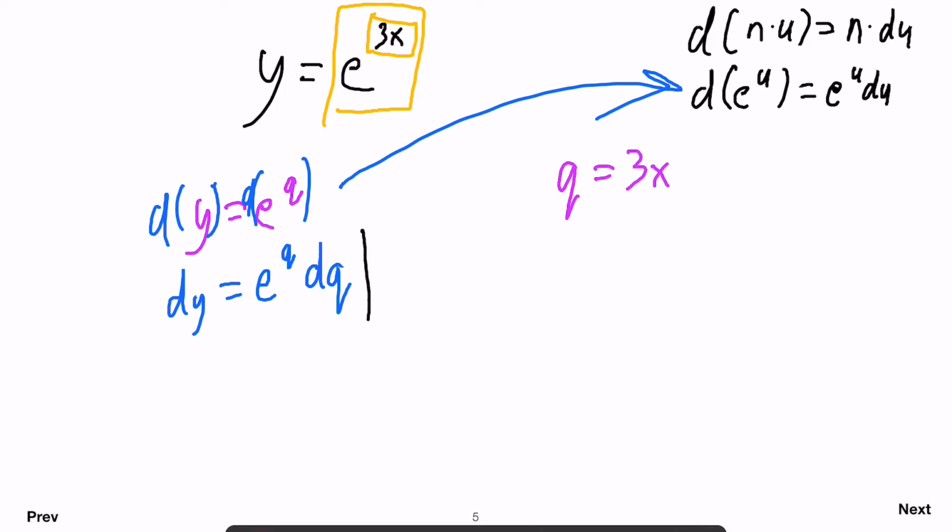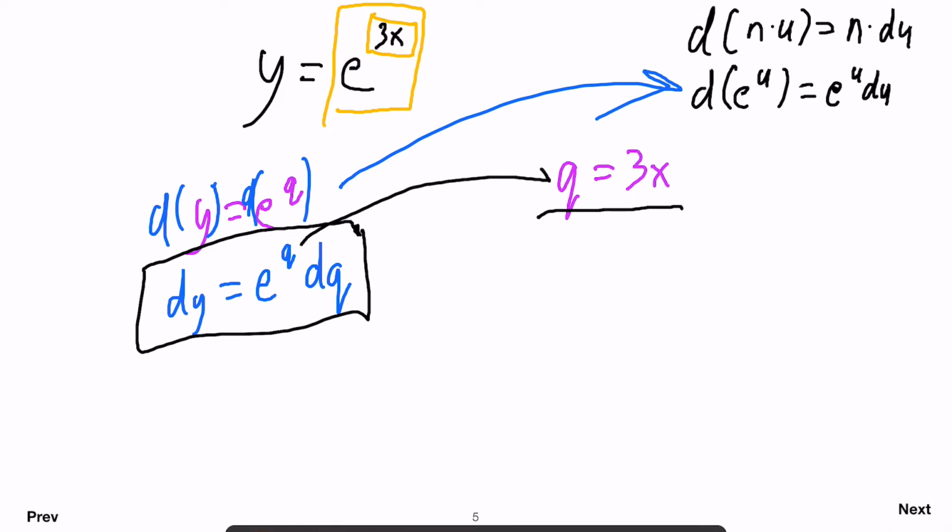Okay, so this is a valid answer. It's just not in the form that we really want, because our question was in terms of x, and we answered it in terms of q, which is our made-up variable. So now we have to substitute back in. It's easy enough to substitute in for q because we have an equivalency right there. But what about for dq? How do we substitute that guy back in? Well, we have an equation for q, so how do we get from an equation for q to an equation for dq?